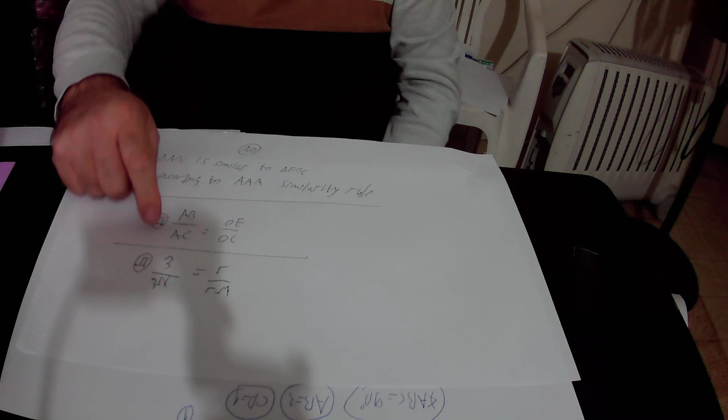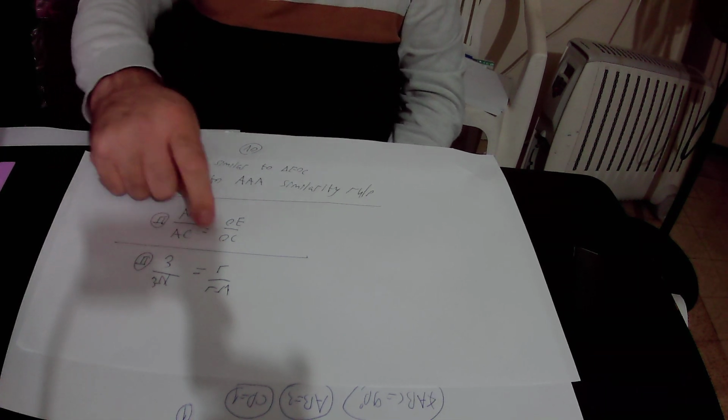In total, we got that 3 over 3 plus X equals R over R plus 1.